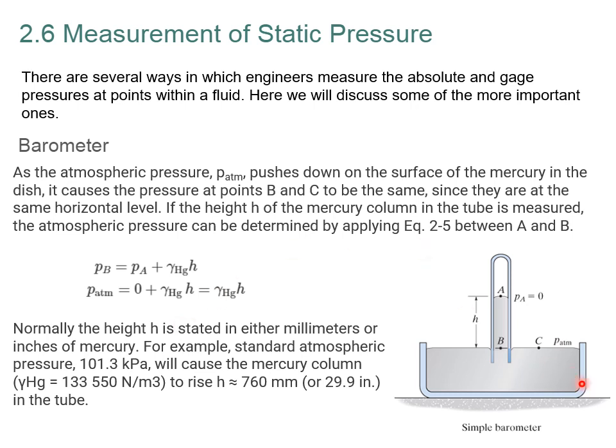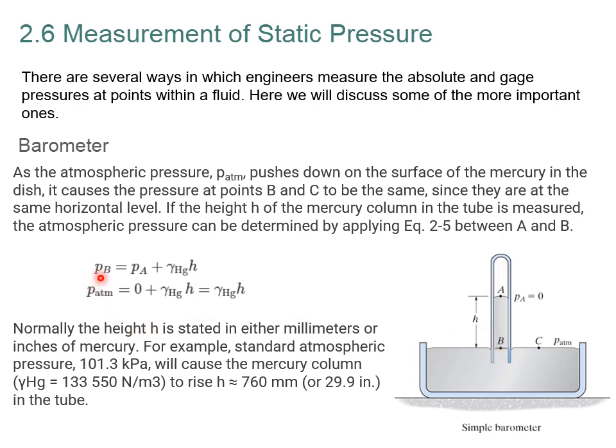Basically, the early barometers were simply a liquid of mercury: you took a test tube, filled it up and inverted it. Outside you have atmospheric pressure pushing down on it, and it's going to push up the mercury inside the test tube.